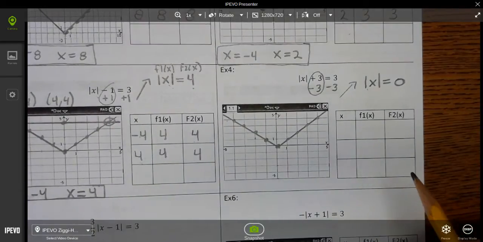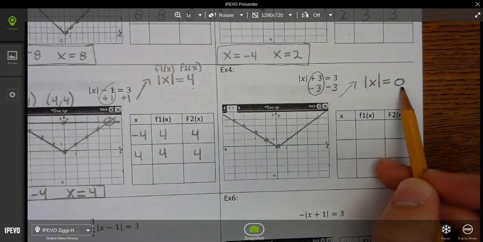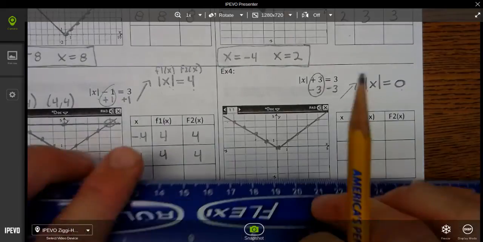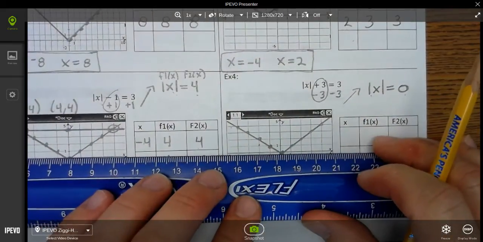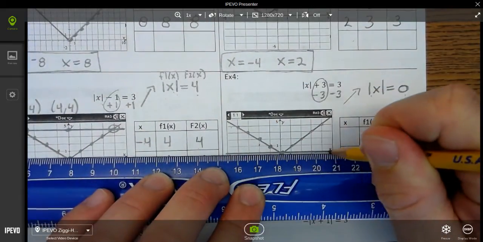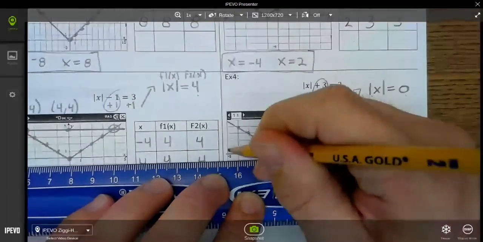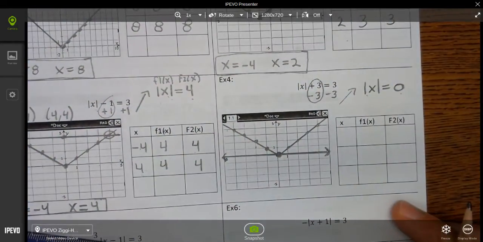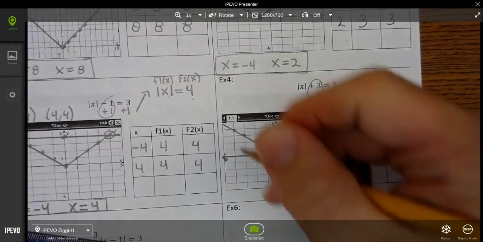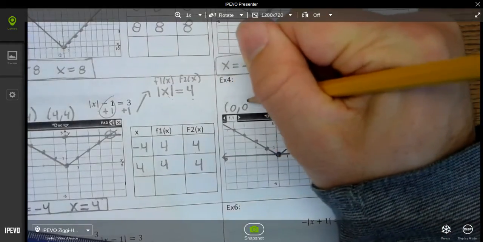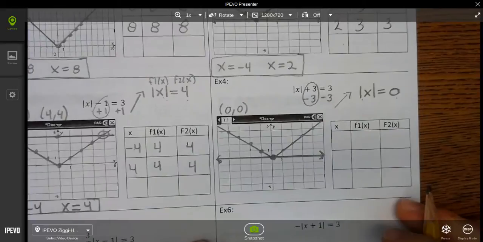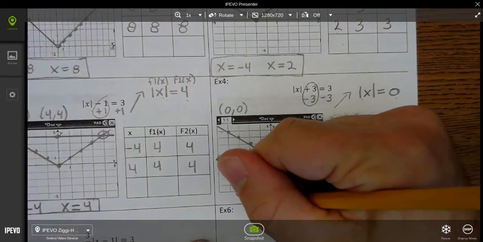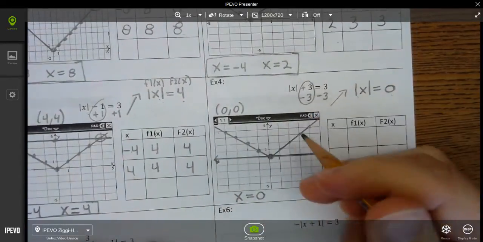All right, so 0 is a horizontal line at 0. And you see that it intersects at 1 point. That point is 0, 0. So your solution is x equals 0.